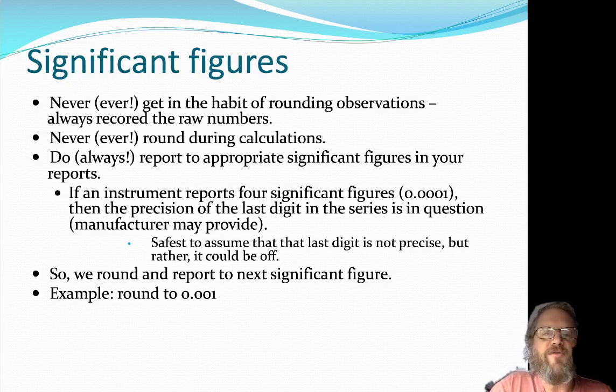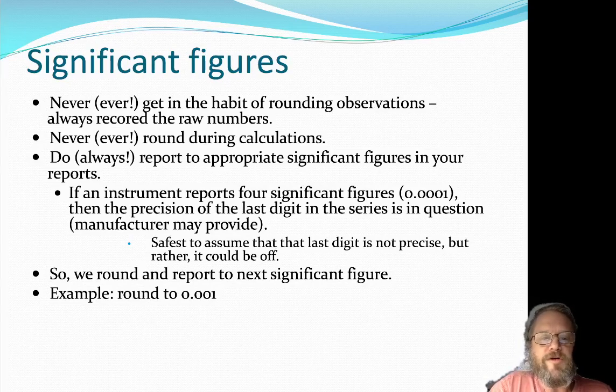Don't get in the habit of rounding observations. Always record the raw numbers. So if the instrument measures or reports a value of like 0.03, don't report it as 0.1, right? Write it out as much as you got.